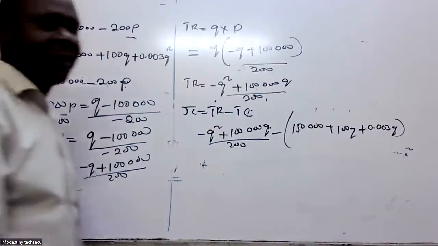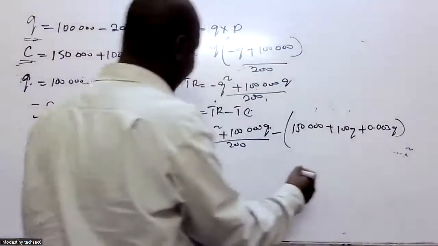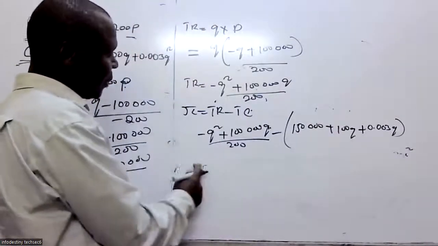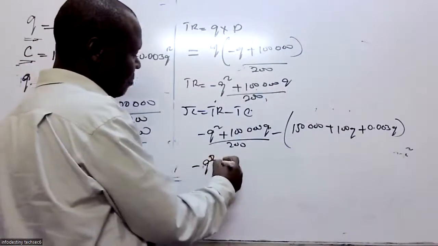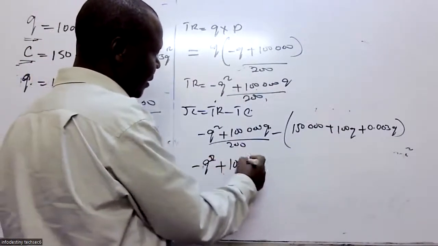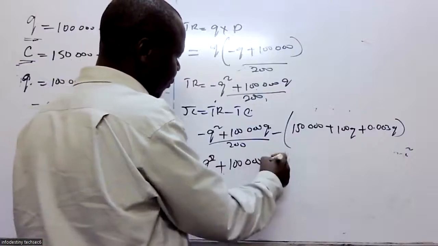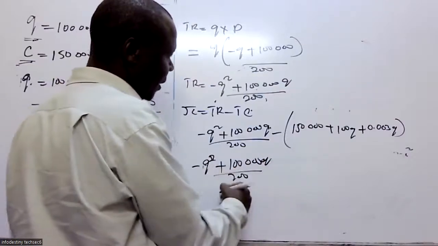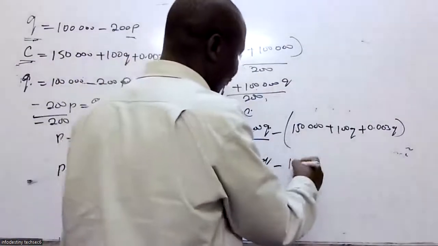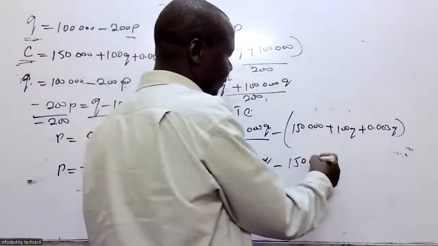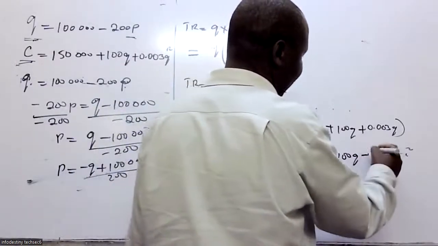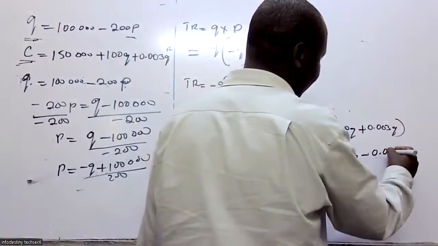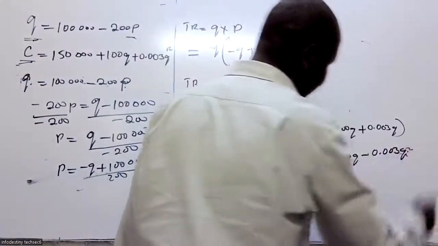Now that's going to give us what? We open the bracket. When you open the bracket, we remain with minus Q squared plus 100 Q over 200 minus 150 minus 100 Q minus 0.003 Q squared.